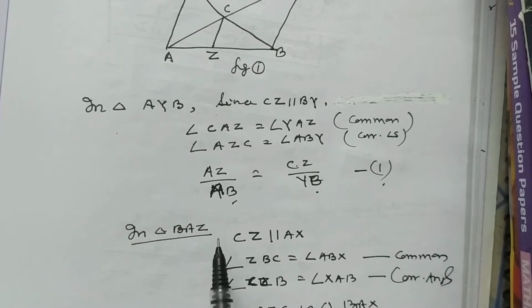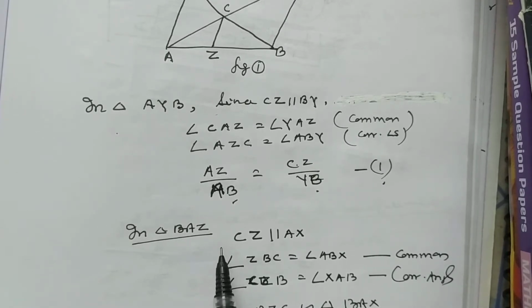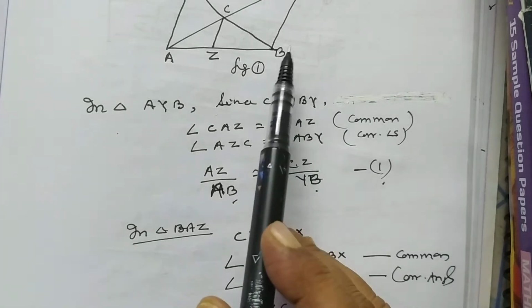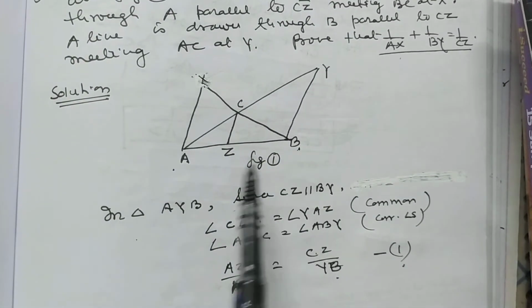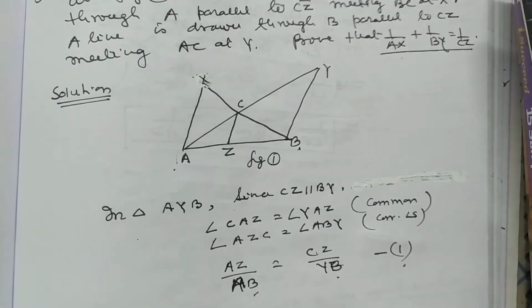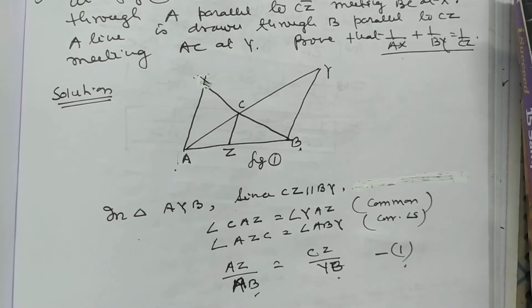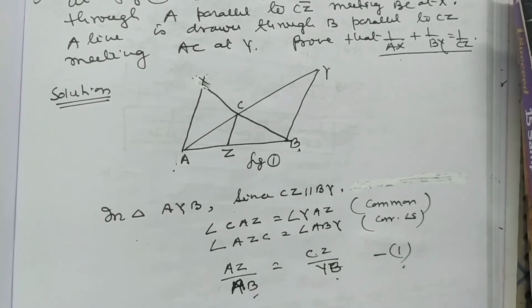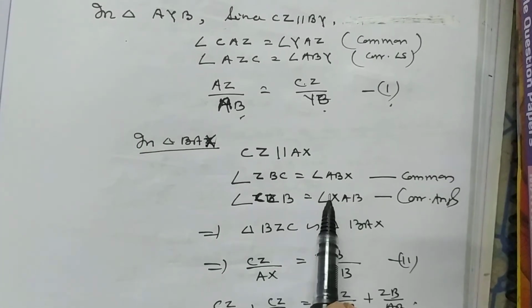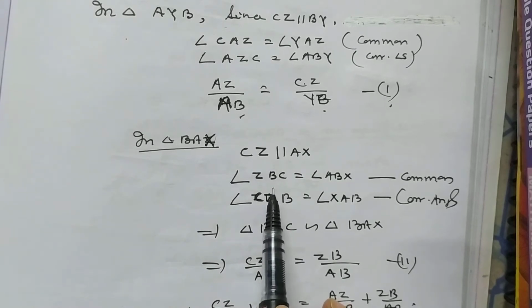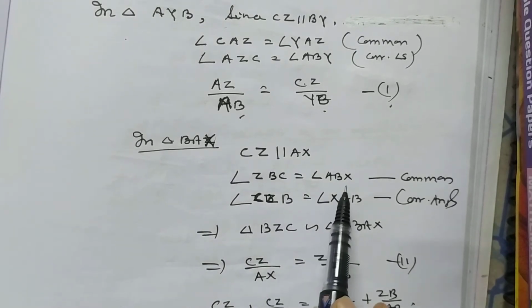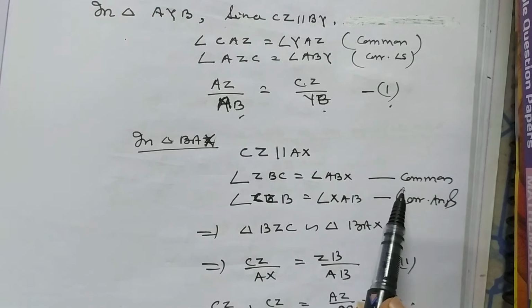Also, in triangle BAX, CZ is parallel to AX. Angle ZBC is equal to angle ABX, common.